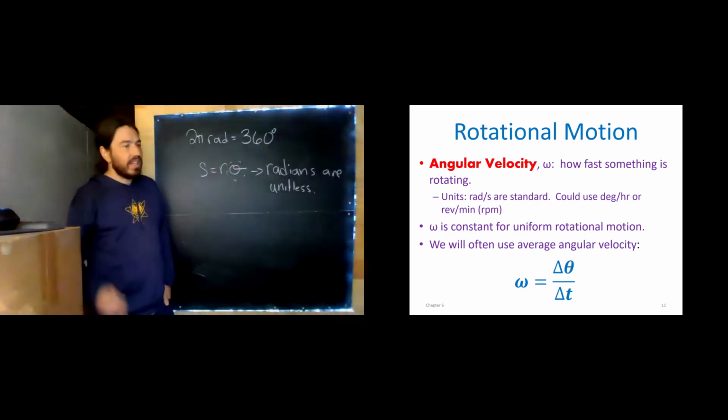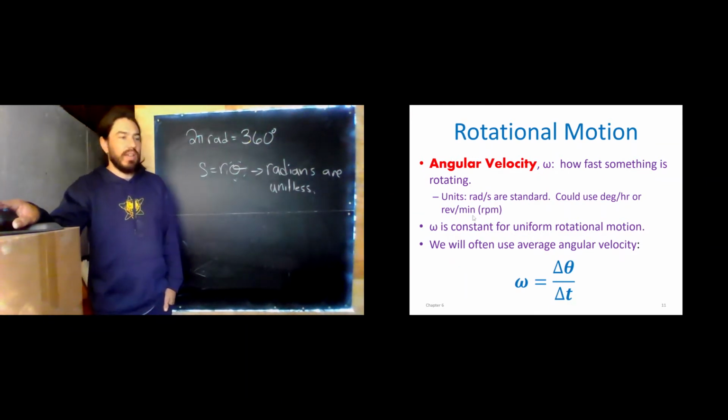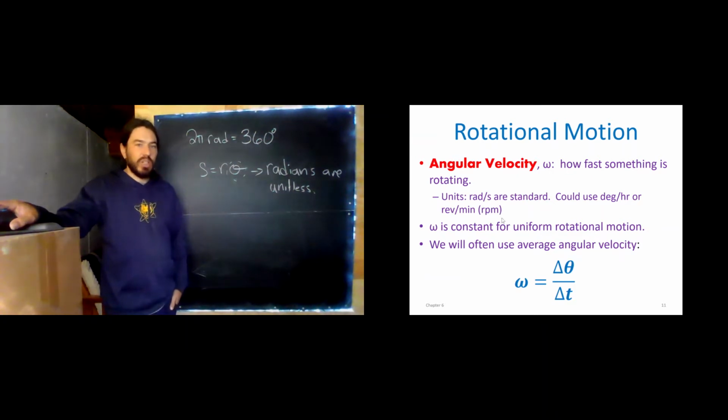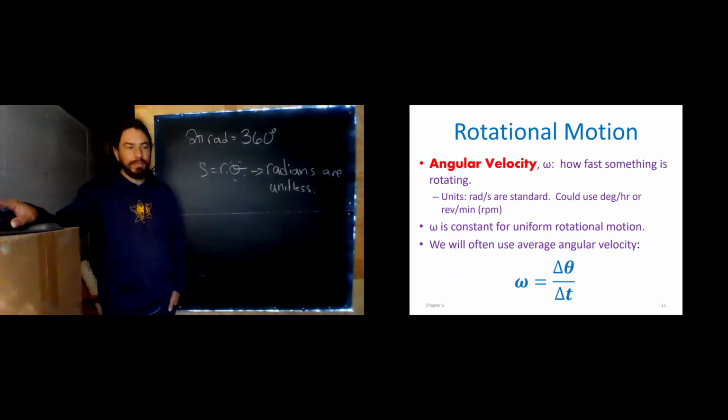Okay, so our standard unit is radians per second. We could use degrees per hour or revolutions per minute. This is a common one in everyday life. The tachometer on your car probably measures things in RPMs. For right now, we're going to constrain ourselves to uniform rotational motion.